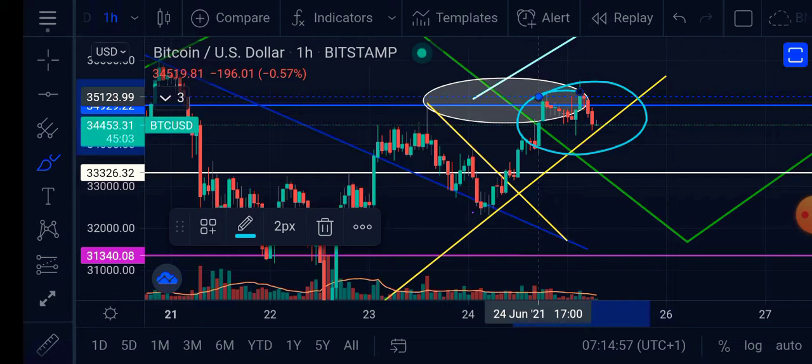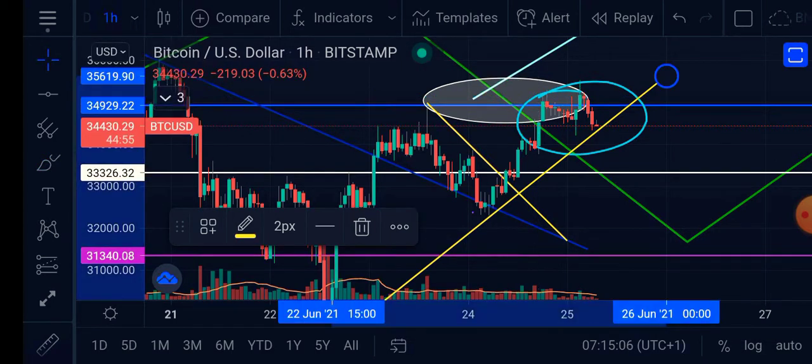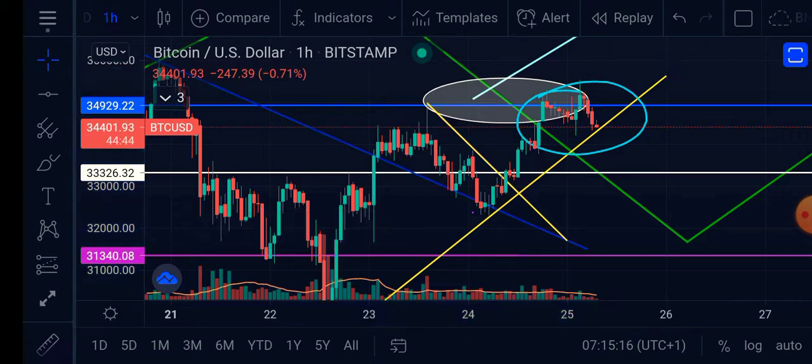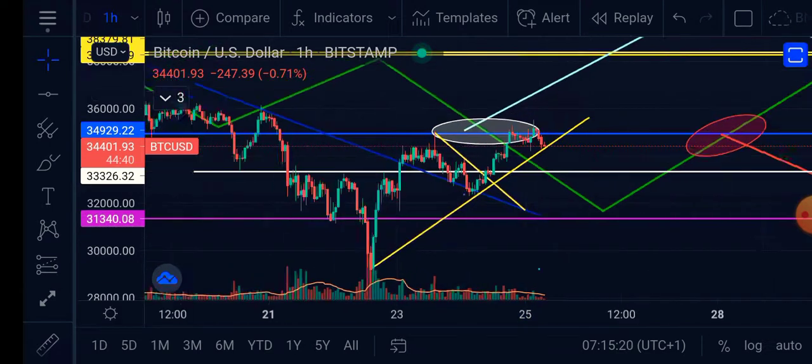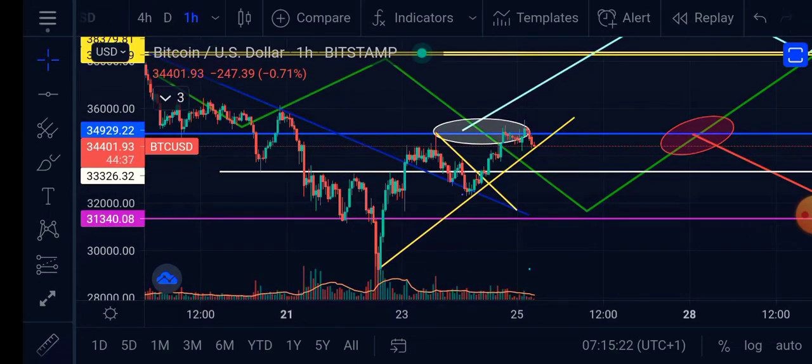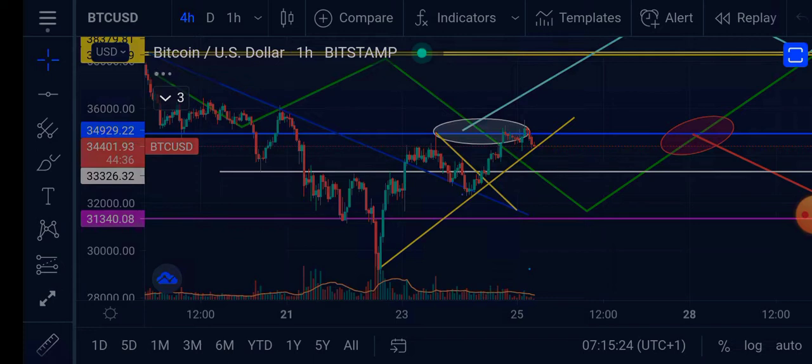But if we fail to, we might break below this yellow trend line I drew, and then see lower prices, maybe falling back to either of the potential supports that are available. That is what I could interpret from the chart as of this morning.